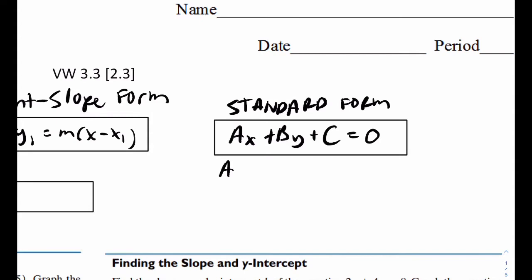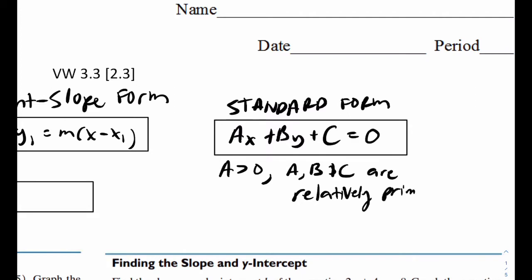Now typically a is going to be greater than 0, and a, b, and c are relatively prime integers. You're going to highlight this part right here.